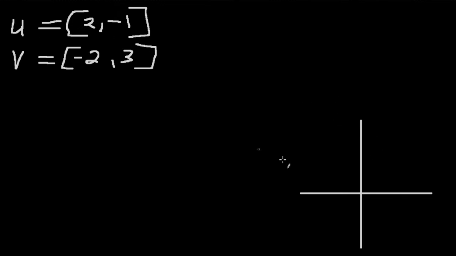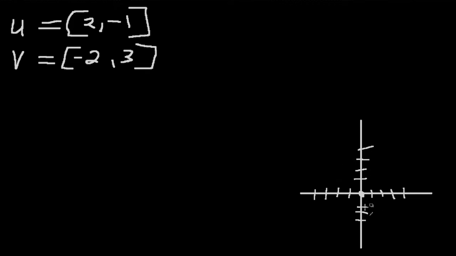So we can plot both of these, always starting at the origin point of 0, 0. Let's do some little notches. We shouldn't need to go further than 4. Close enough.